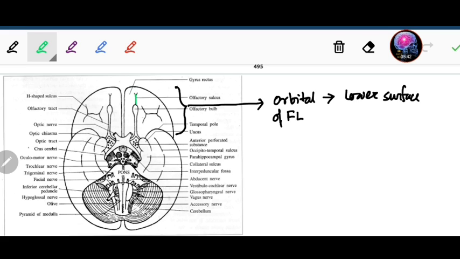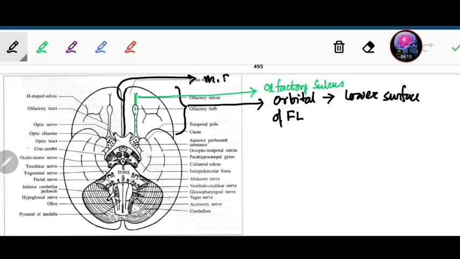This is the outline of the olfactory sulcus, close to the medial frontal margin. That is the medial frontal margin.